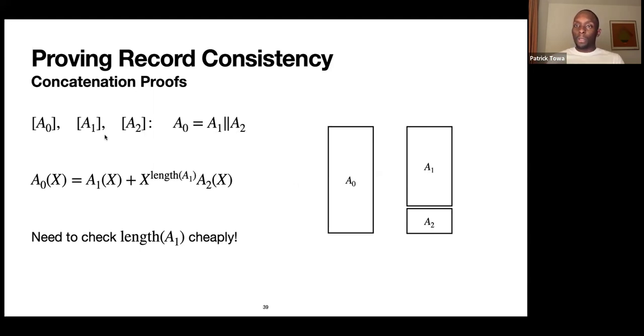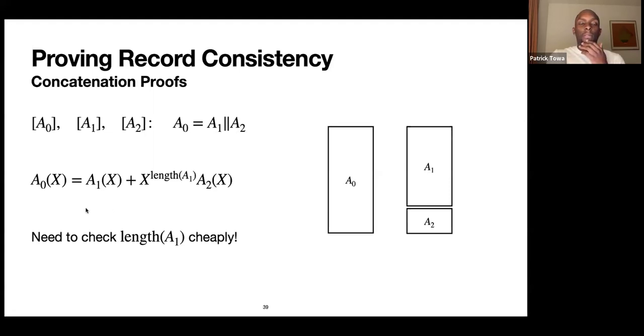And how can one prove that A0 is really the concatenation of A1 and A2? The proof is going to work column by column, so you can think of A0, A1, A2 as just being one column.